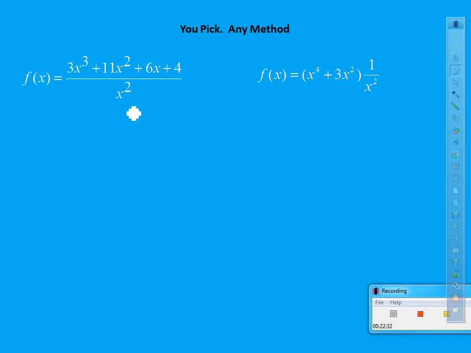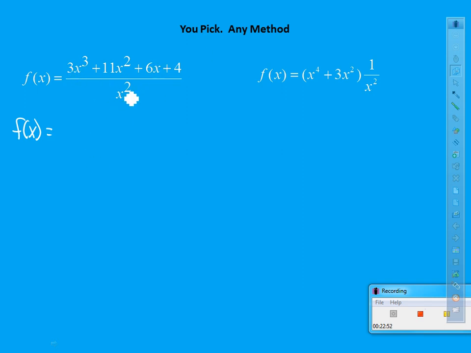Here's my f of x equal that. We could use the quotient rule on this if we wanted to. I don't want to, guys, because this simplifies. Whenever there's a monomial in the bottom, it'll simplify. So I'm going to take each of these terms over x squared.